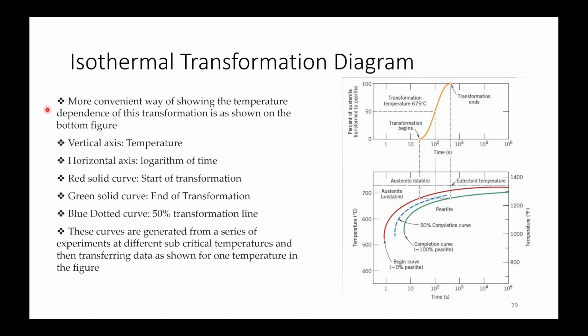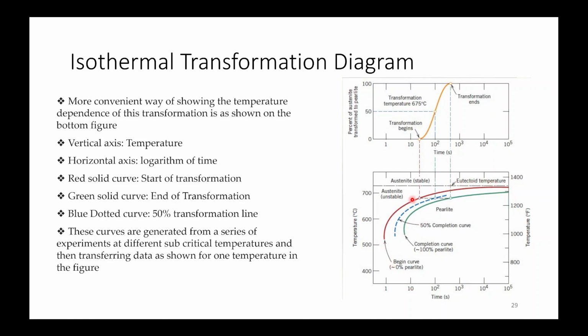Now a more convenient way of showing the temperature dependence of this transformation is as shown in the bottom figure. The vertical axis is temperature, and the horizontal axis is the logarithm of time.